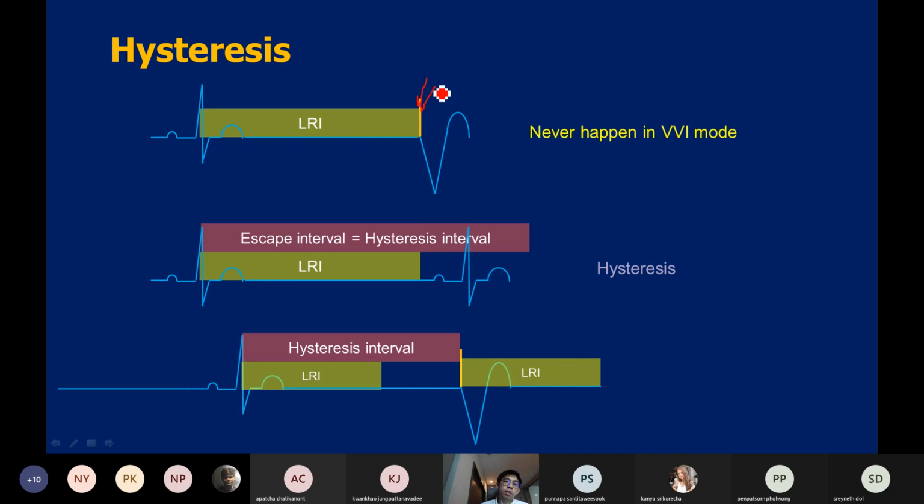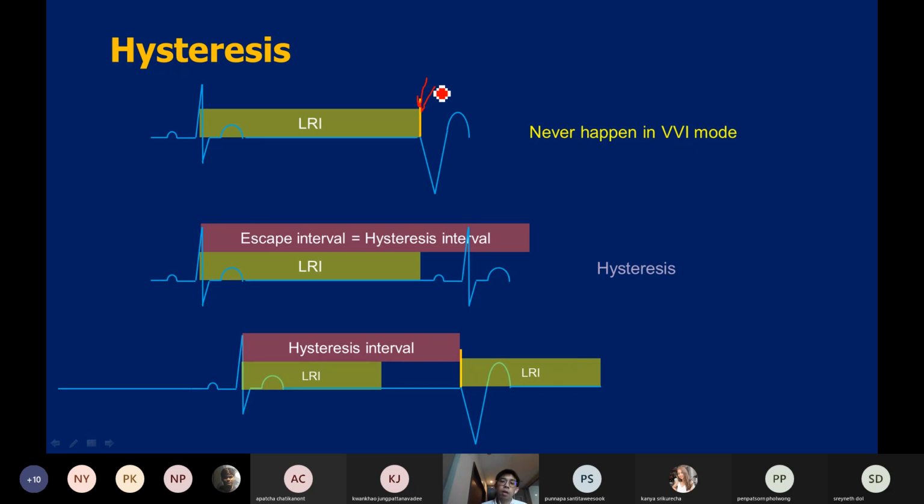A pacemaker with this hysteresis function could wait further than the lower rate limit, in what we call a hysteresis interval. If there is an intrinsic activity from your heart before the end of the hysteresis interval, it's okay.